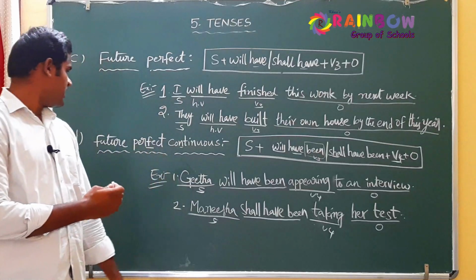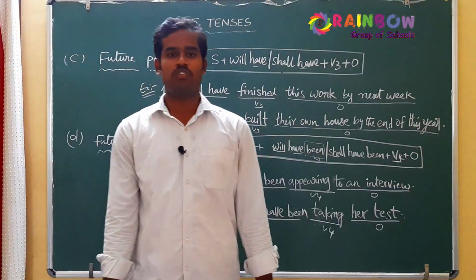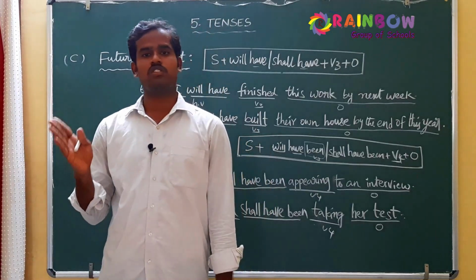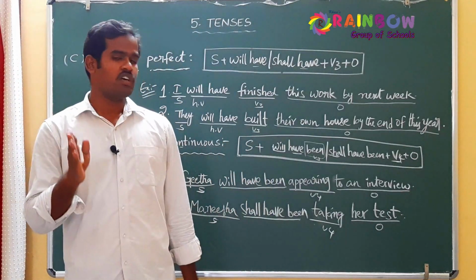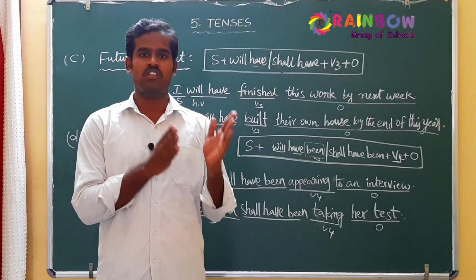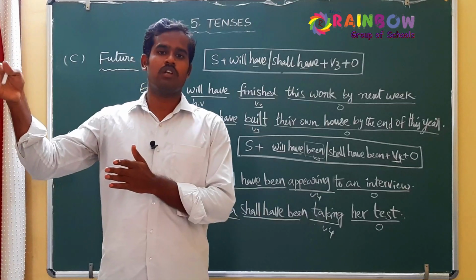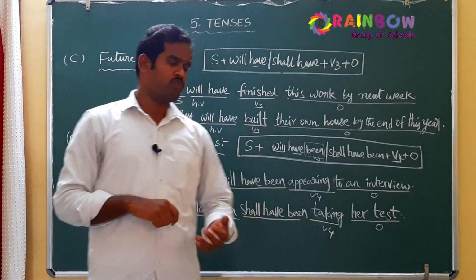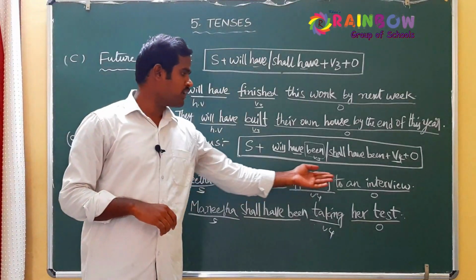Now let us understand the use of future perfect continuous tense. Future perfect continuous tense is used to express actions which will be started at some particular point in the future but will be continuing up to some other particular point in the future. By observing the examples, Gita will have been appearing for an interview.